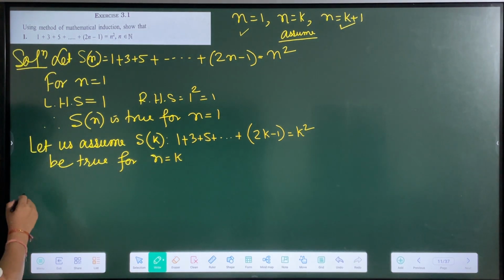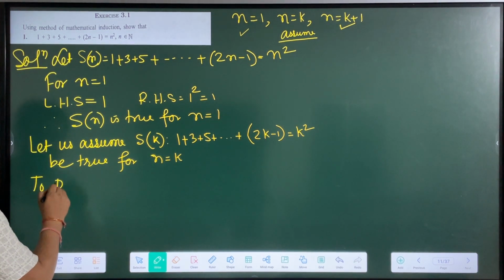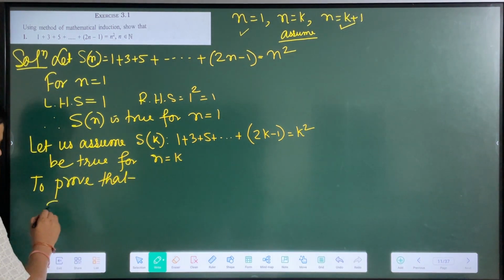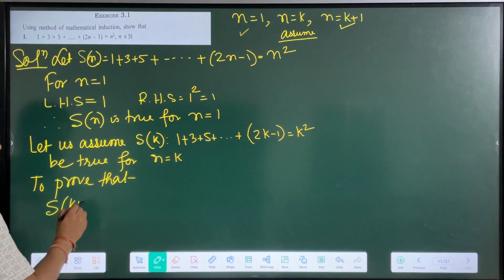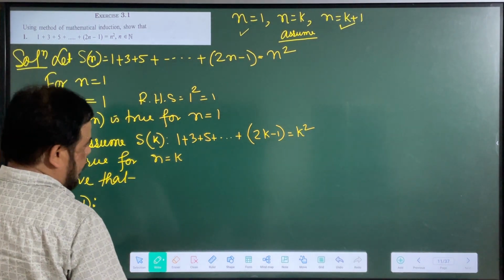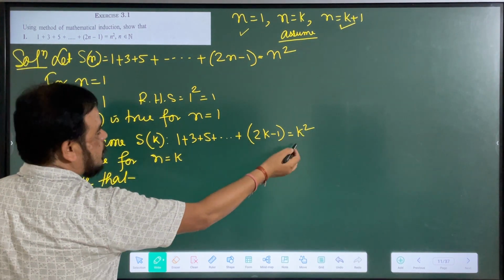Third part, to prove that S k plus 1. Now we will write this term plus the k plus 1 term.